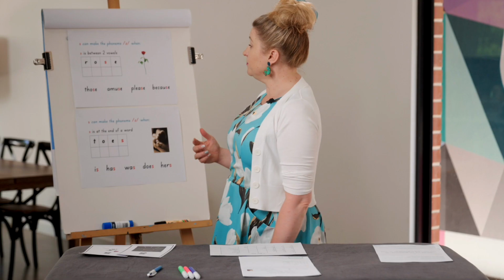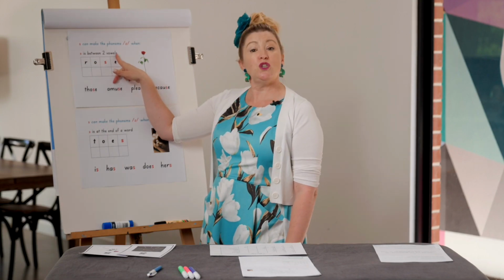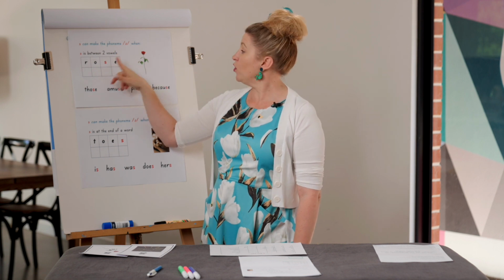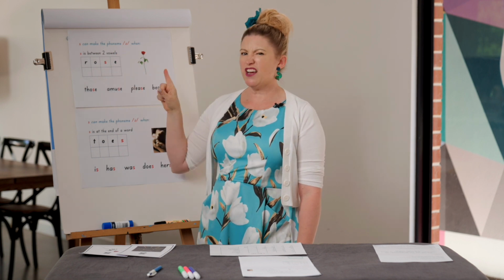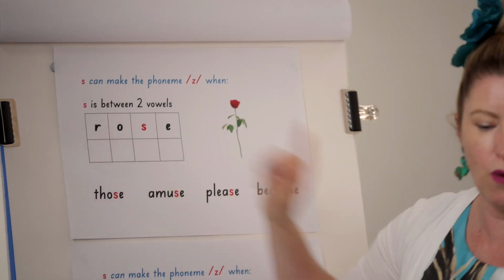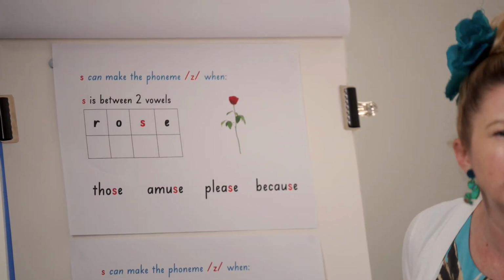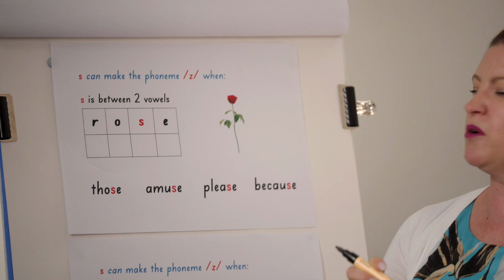So we know that S can make the phoneme Z when it's with a voiced vowel or a voiced consonant. Let's find out a little bit more about that spelling pattern. So S can make the phoneme Z when it's between two vowels, like in rose. Let's check it. I'm going to write it just to check it. So we've got some boxes here.